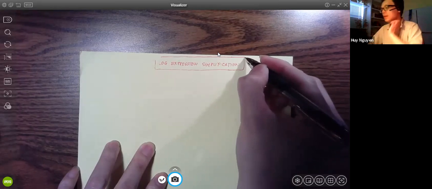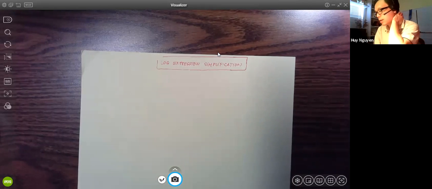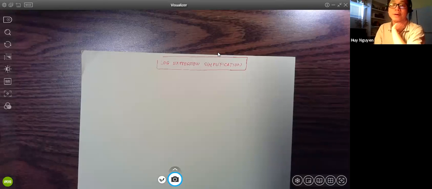In the video I mentioned a bunch of properties which you're supposed to memorize all of, to be able to simplify log expressions. If you don't memorize the properties, it will take you a lot of time, because on the test you don't have a cheat sheet.